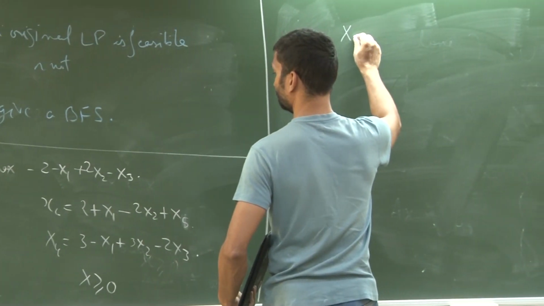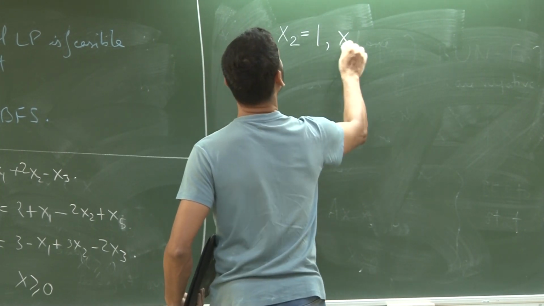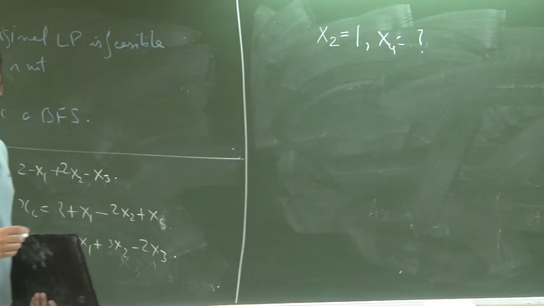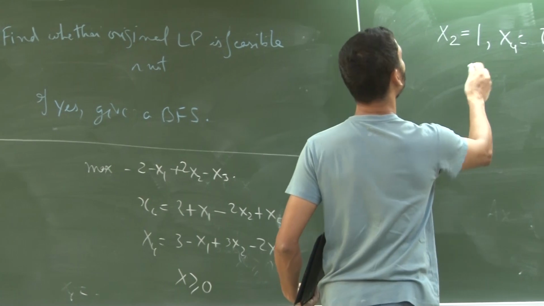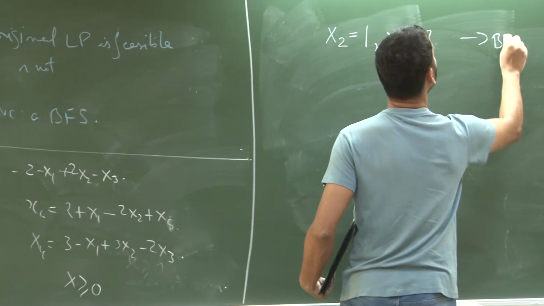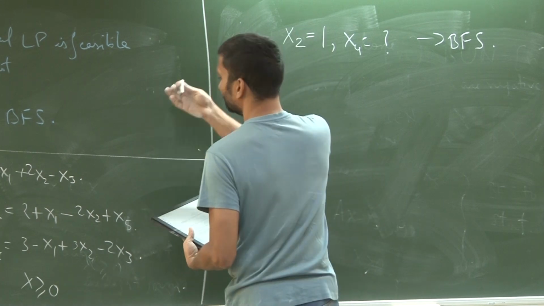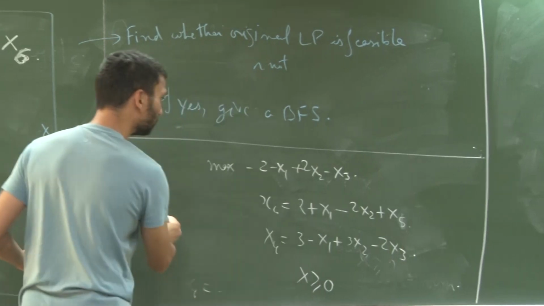now x2 will become 1. I will figure that out. Okay. So this is my new BFS. And if you change according to this, so what will I do? I will substitute.